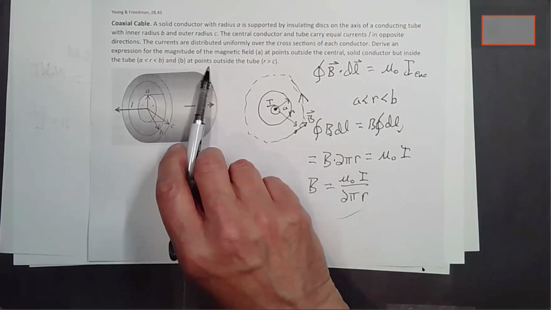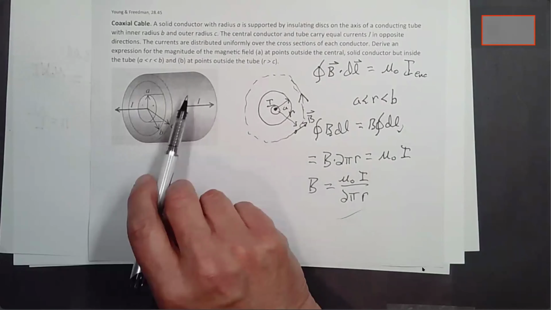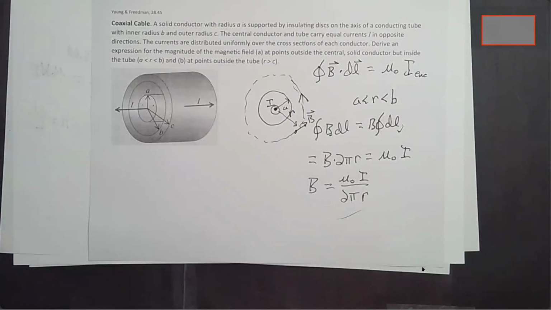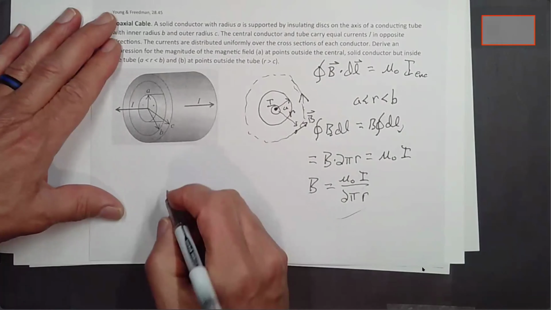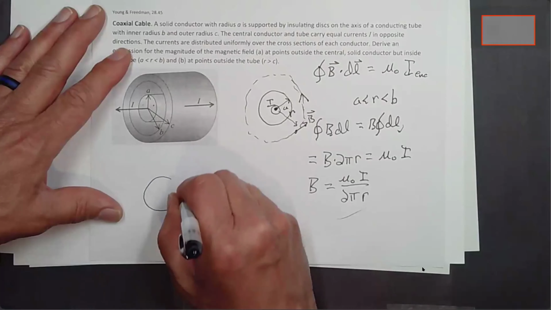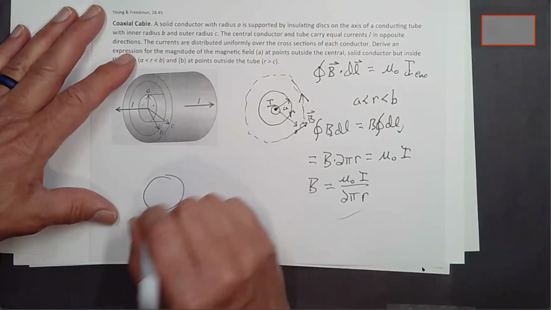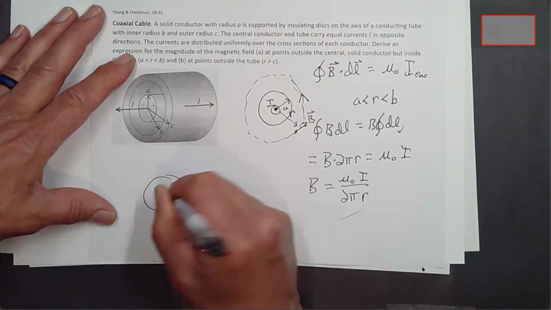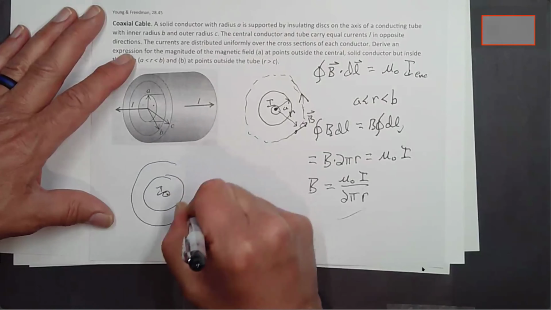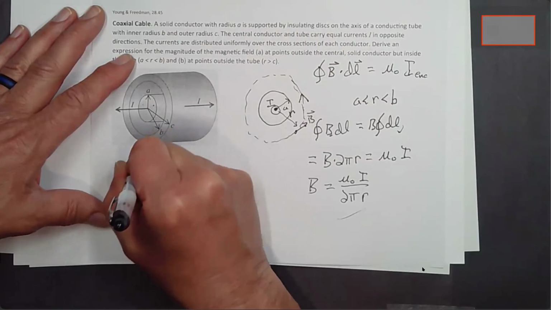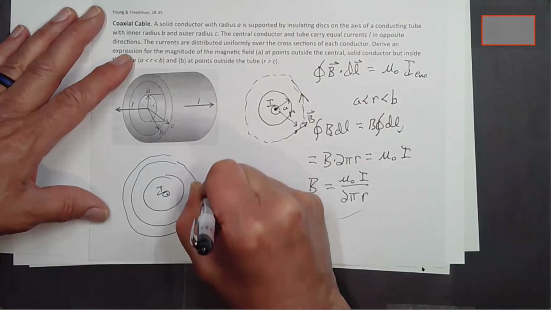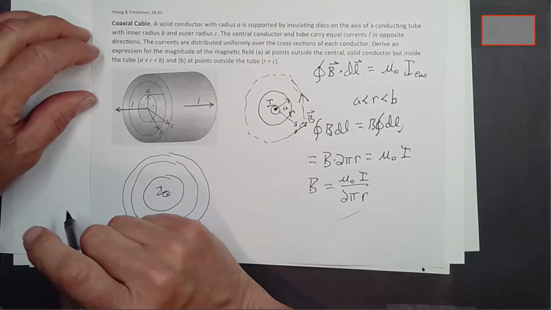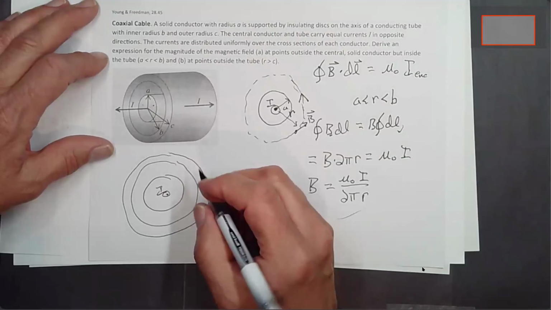Part b says to do it for points outside the tube, that is, for r greater than c. Well, if I was to do that, I've got that inner conductor that has its I coming at me, and I've got the outer shell, or whatever you want to call it, outside the tube, I guess.